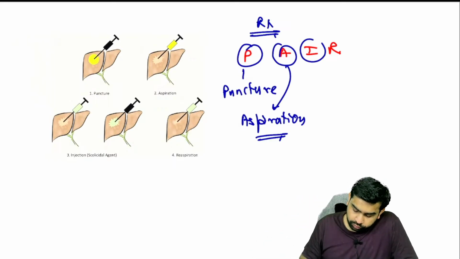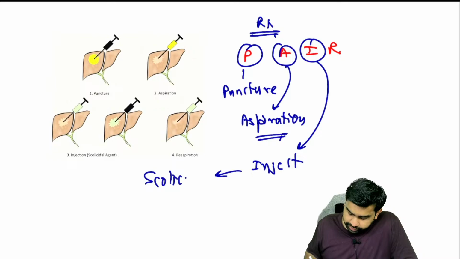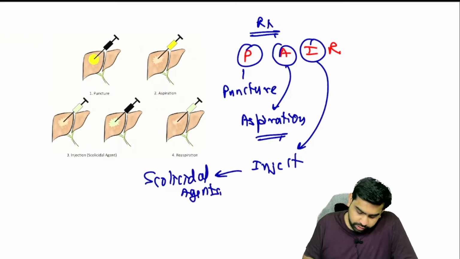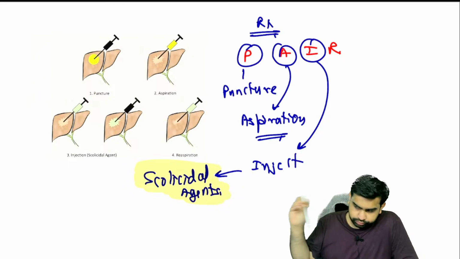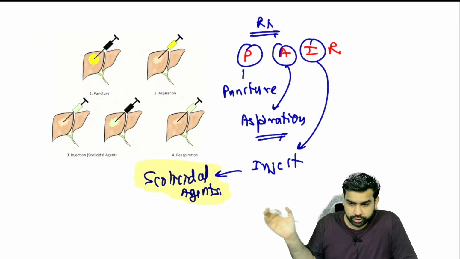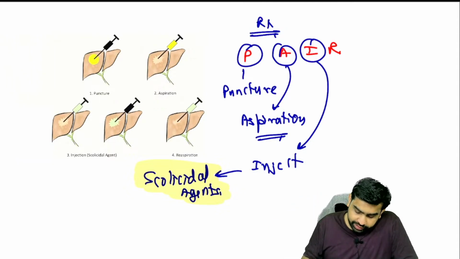Then what you have to do, you have to inject. What do you have to inject? You have to inject the scolicidal agents. What do you understand by the scolicidal agents? These are the agents which are basically going to kill the daughter cysts, the scolices and everything. So what are the scolicidal agents which we have?